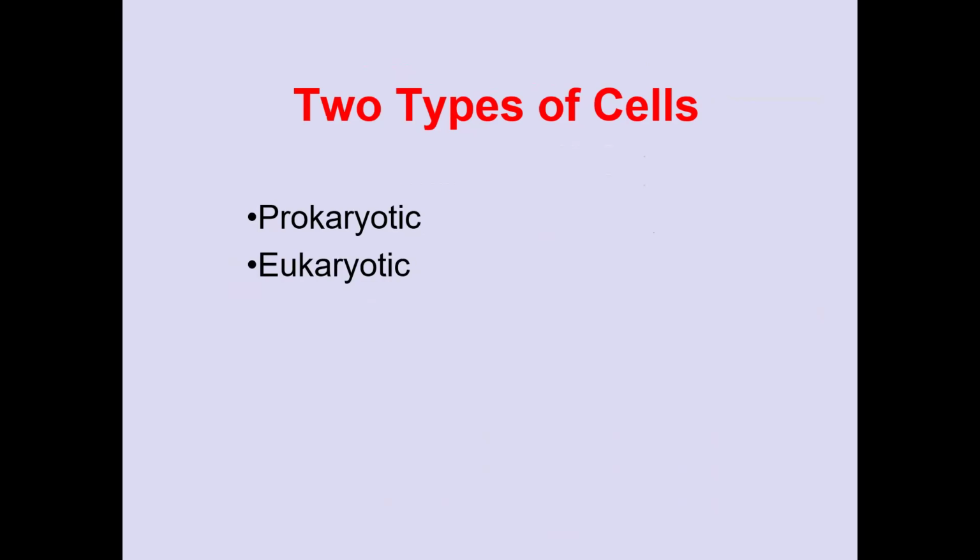For example, bacteria are prokaryotic in nature. Being prokaryotes, they don't have a true membrane bound nucleus.